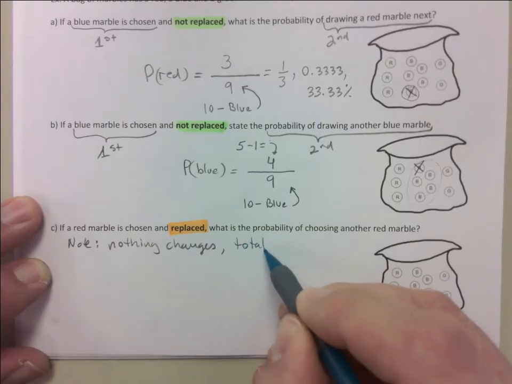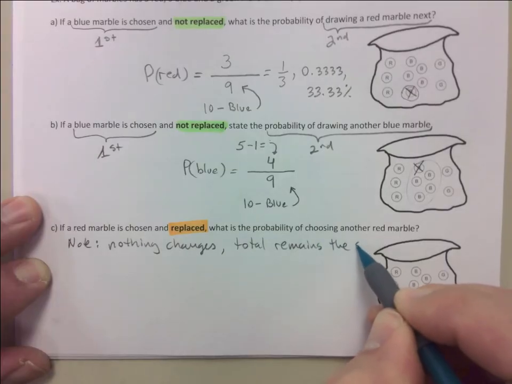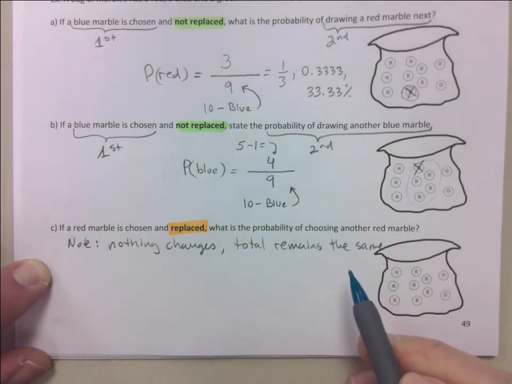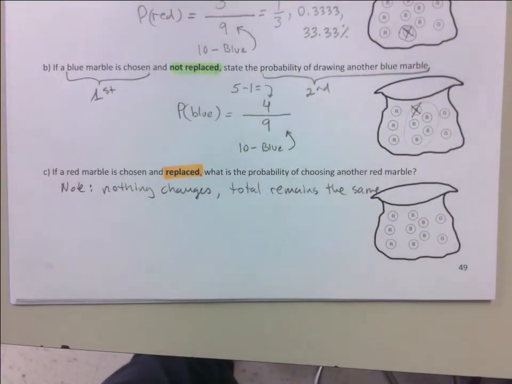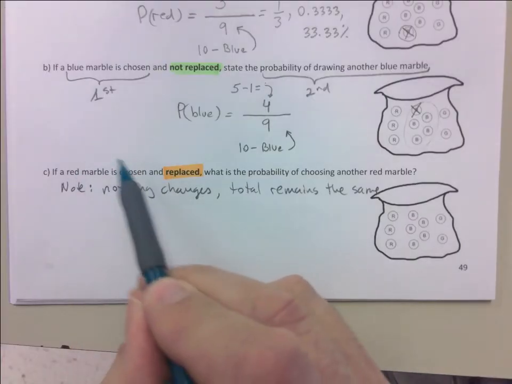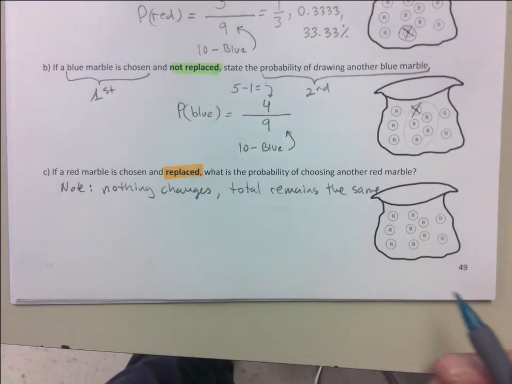Total remains the same. So it's almost as if, why are you telling me that you picked that red one? I don't care about this, since you're putting it back, it's not going to affect my second draw. Okay?